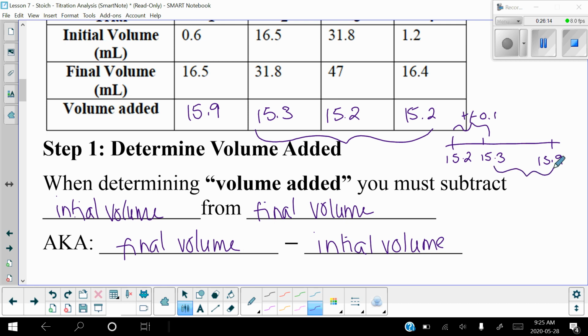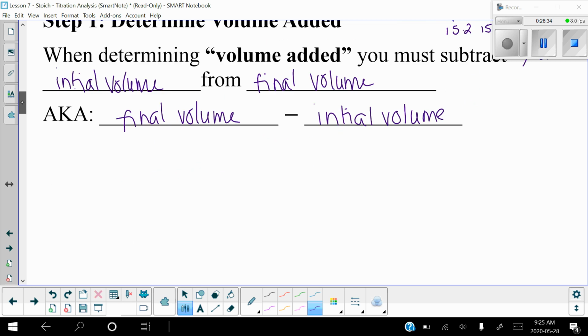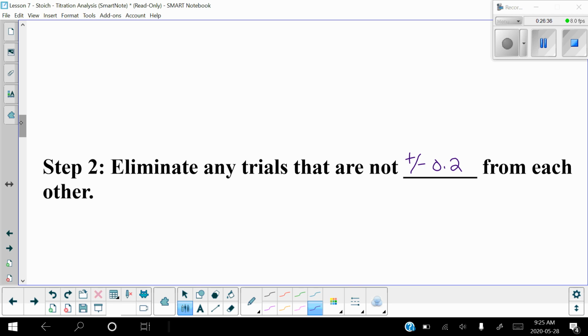However, from here to here, it's plus or minus 0.6. That's too much. Also, from here to here, that's plus or minus 0.7. So this number is not a good trial. It's very far away from the rest of our data. So we eliminate it. That's a bad trial. So trial 1 is eliminated.